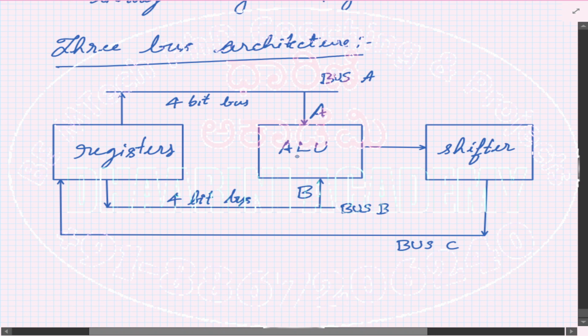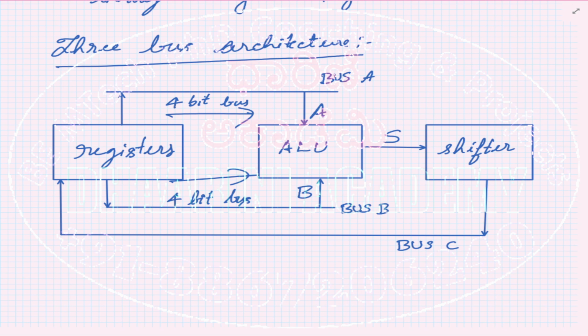Both of them will reach ALU at once, and they get added up, or any ALU operation, to produce a result S. Now you don't have to wait, it will directly pass on to the shifter independently, and the shifter will pass that back to the register. Meanwhile, the second operation can happen simultaneously, because at a given point of time one bus can carry one data.